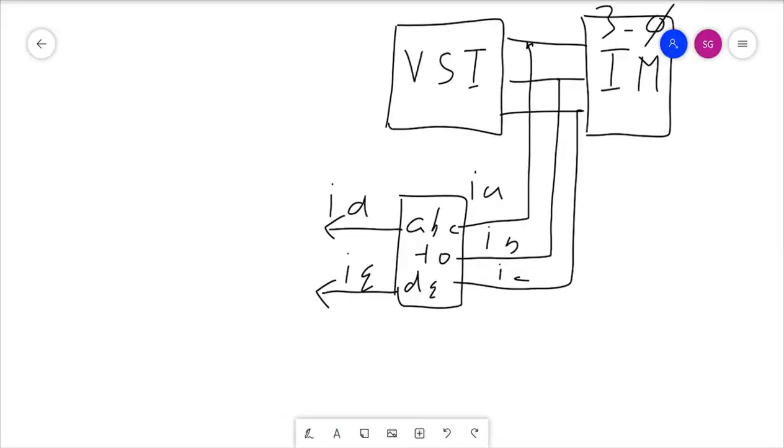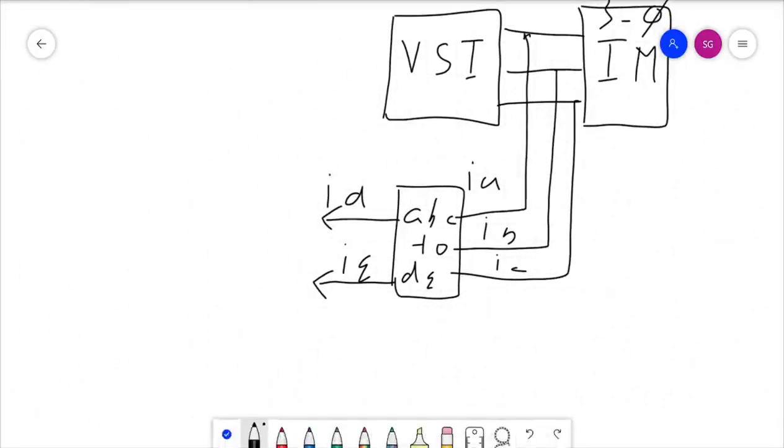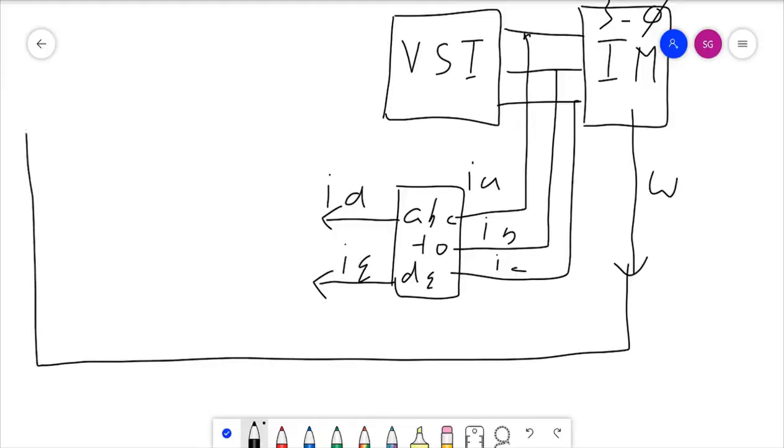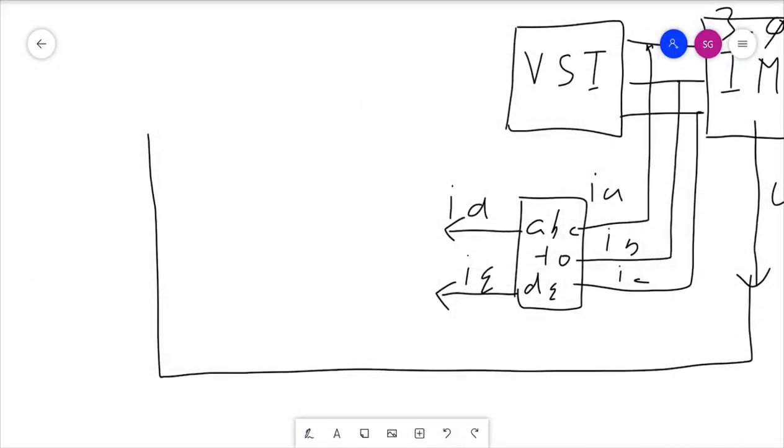So we will sense the speed of this induction motor, and this speed will be compared with a reference speed.